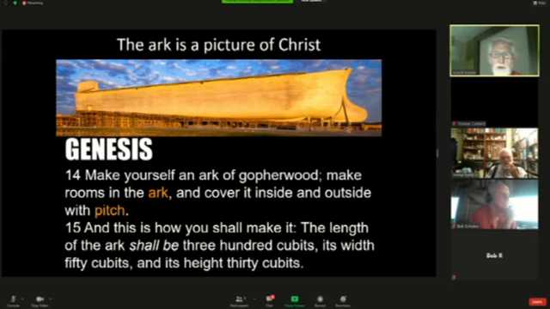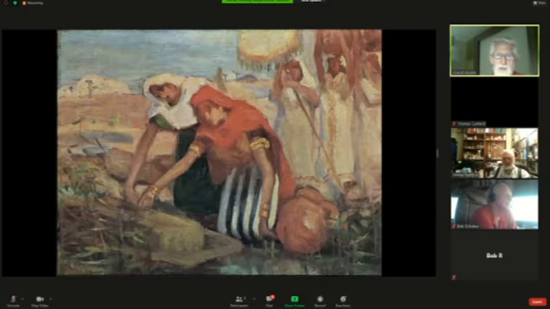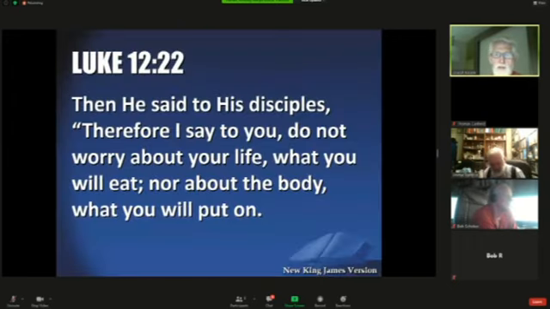We don't know for sure. And here in Exodus, also dealing with Moses, the same words for ark and for pitch. And so here we see an artist's conception of the ark that Moses was put in and then put onto the Nile River and then taken up by Pharaoh's daughter.